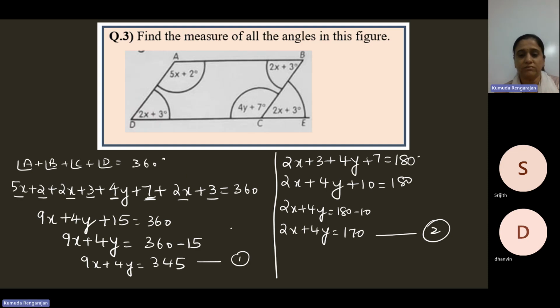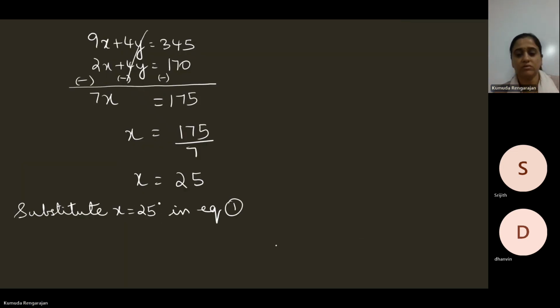You can put it in equation 1 or 2. Equation 2 looks simpler, so I'll put it in 2.